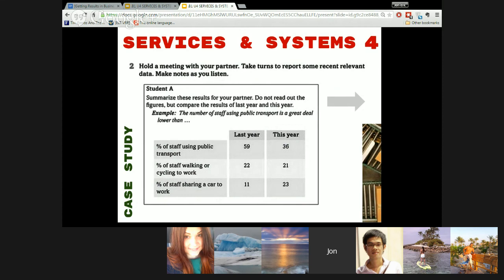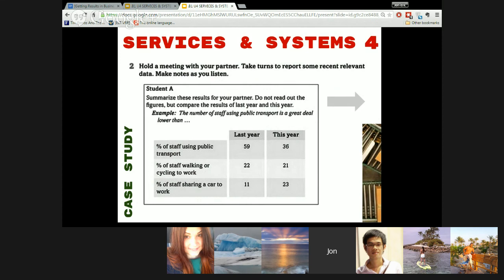It's decreased about 23%, and in my eyes, it's a big deal because we don't have enough space in our parking lot, and as higher ups, we should do something for the environment, you know.